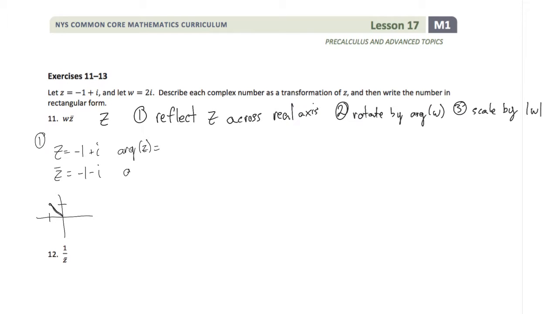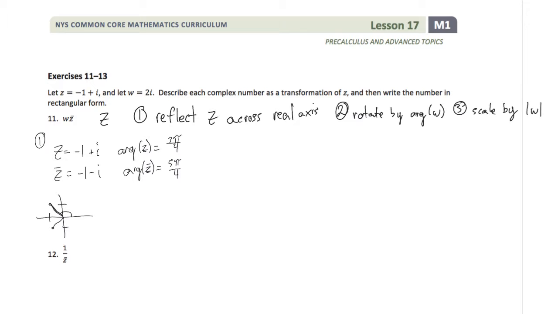So that would be 3 pi over 4. And the arg of Z bar, let's reflect this down here. I'm going to add 2 more, so I'm at 5 pi over 4. So arg of Z bar equals 5 pi over 4.